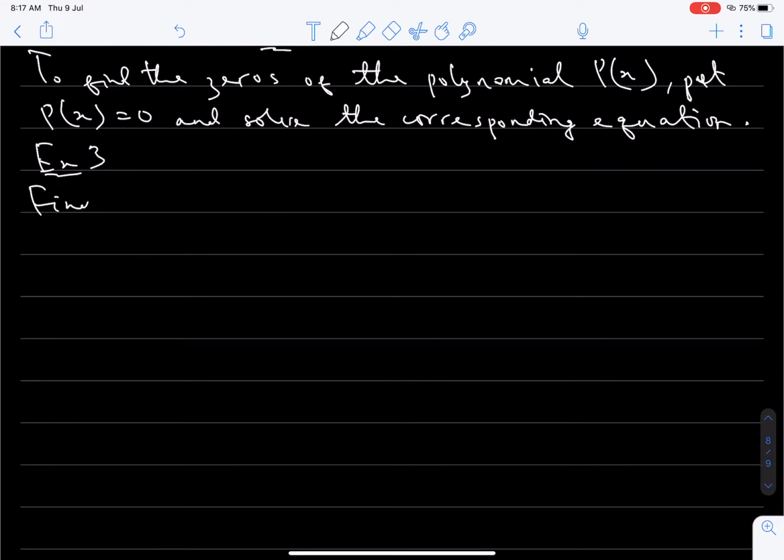Find the zeros of a polynomial p of x, where p of x equals x squared minus 5x plus 6.